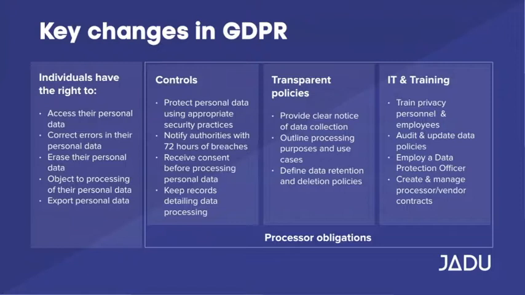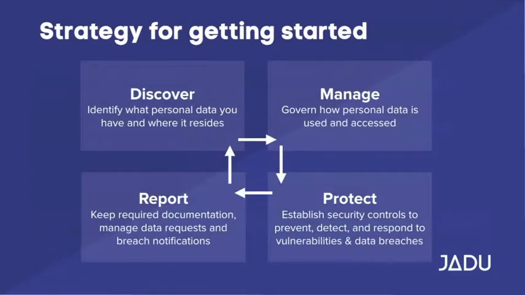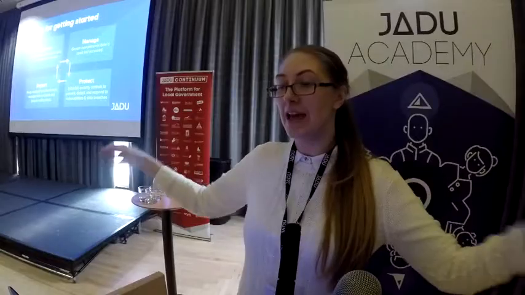So I'll come back to these as and when we hit them through our strategy for getting started, where we've broken this down into 4 steps to help you get to grips with what you need to deliver in order to be compliant. Now, you're likely all to have a data protection officer who's going to be managing this organisation-wide, but it's likely to also have some impact on yourselves to go and find data and also put data on your sites.